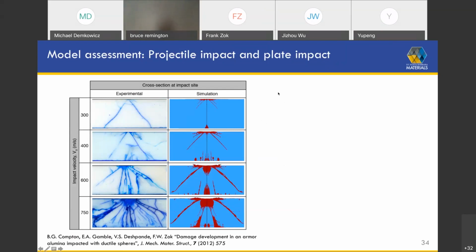So that's another game that one can play. If you understand the mechanics and the failure modes of interest, whether it's comminution directly beneath the impactor, cone cracking of this type, or radial cracking from the back, you can actually plan some of these experiments in an intelligent fashion.